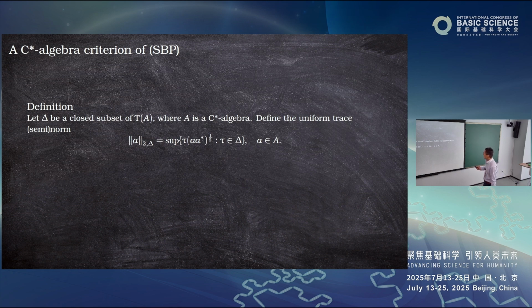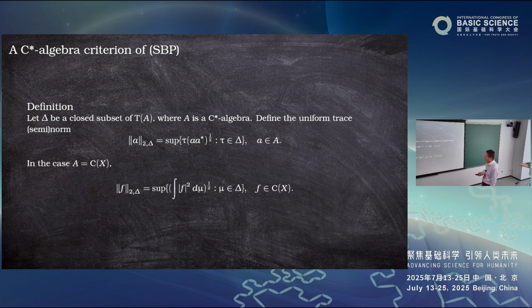Then you can look at something called the uniform trace norm. You take an arbitrary element A, you look at A A star, then you look at the trace of A A star, then take a square root. But because in principle you have more than one trace, you look at all of them, then look at the supremum. This is called the uniform trace norm.